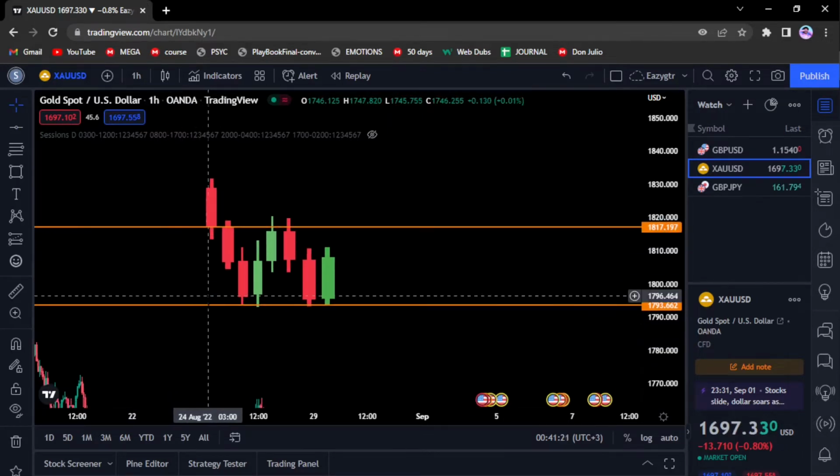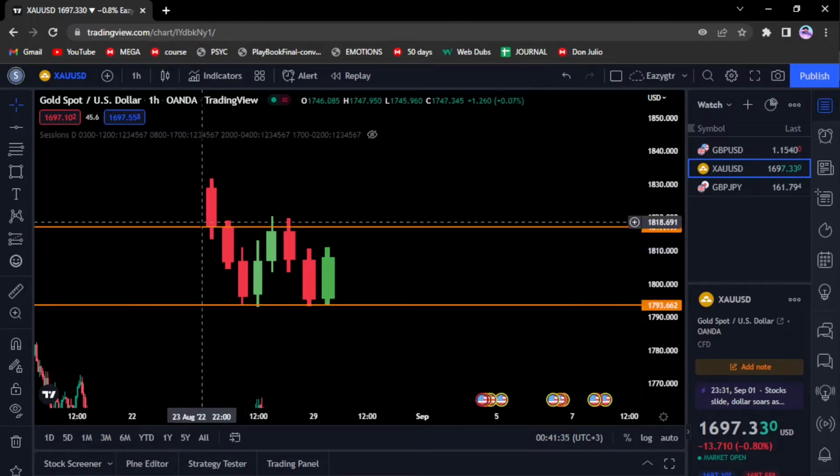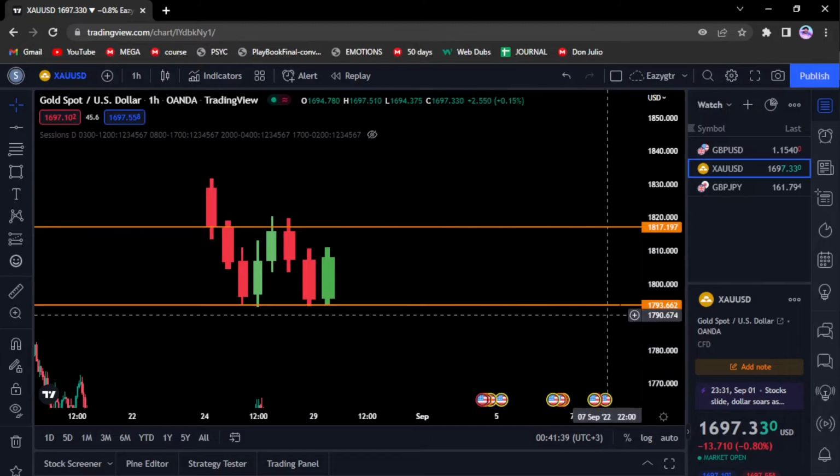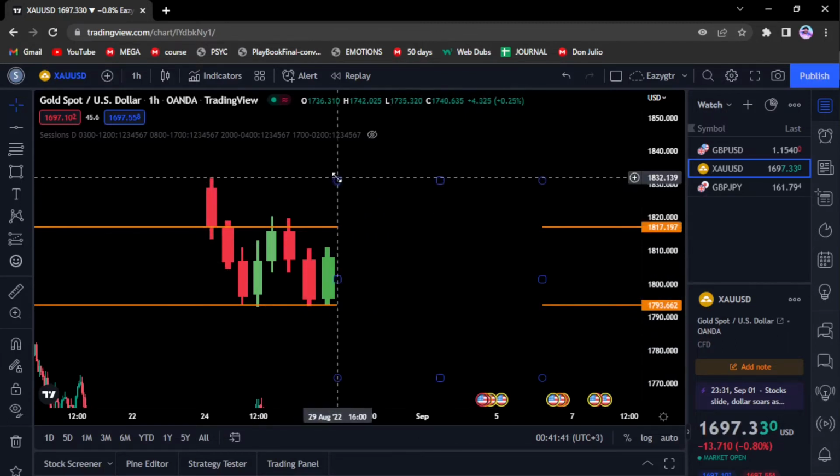In between is what we call a range. Range isn't necessarily when price is consolidating. Range is the distance, or rather the space, between two zones. So this is a range, basically, and this is what happens when price is in a range.